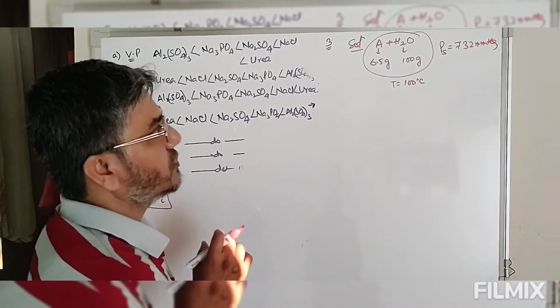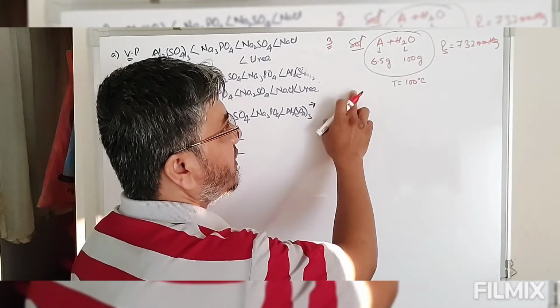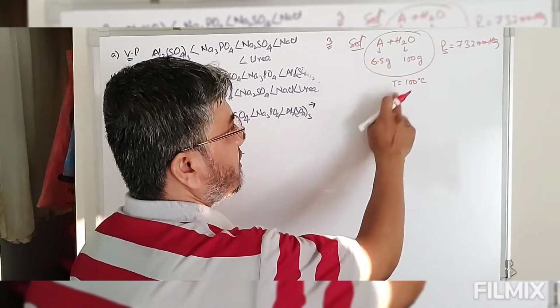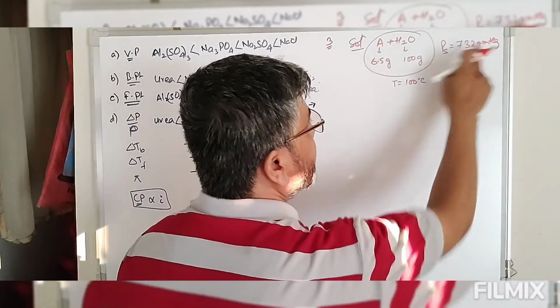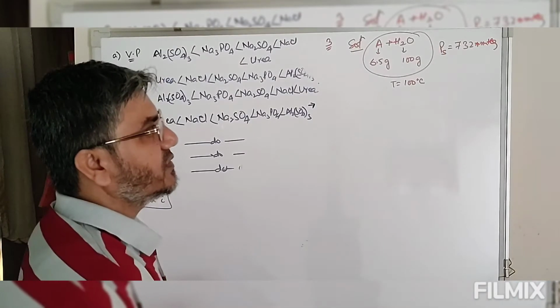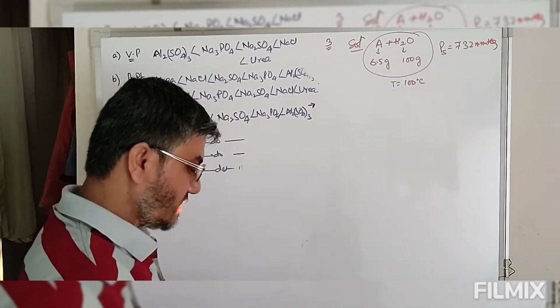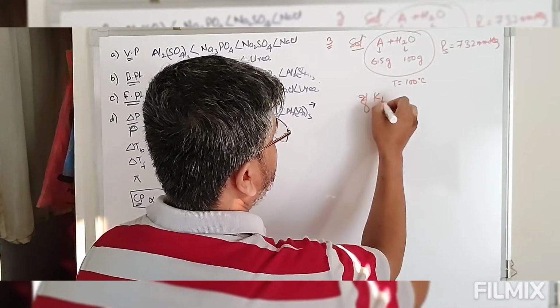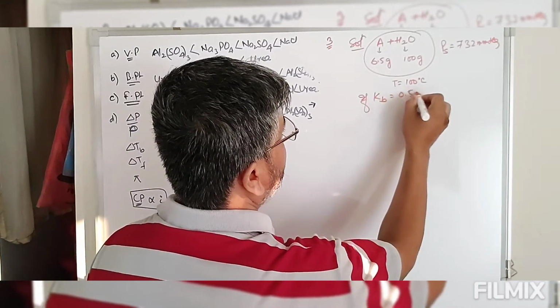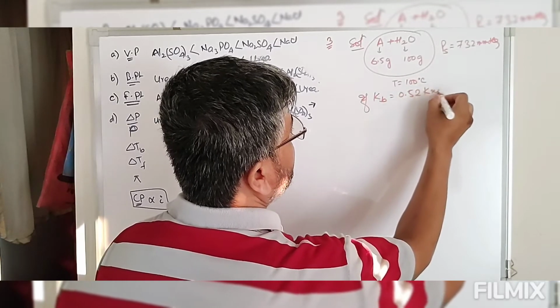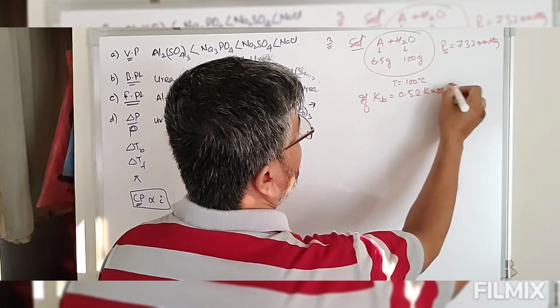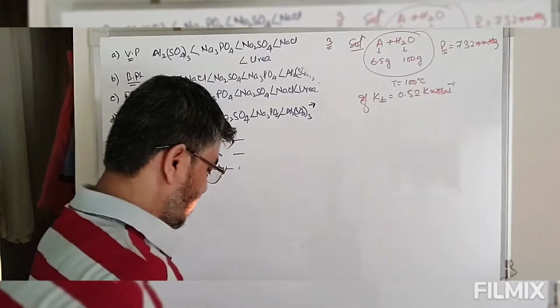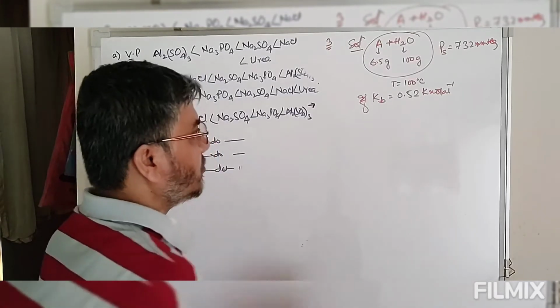So we have a solution of 6.5 gram of A dissolved in 100 gram of water at 100 degree centigrade, with a vapor pressure of 732 millimeter mercury. Now the question says if Kb equals 0.52 Kelvin per molal, what is the boiling point of the solution?